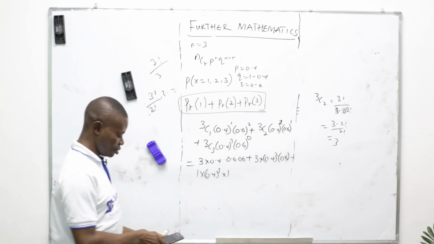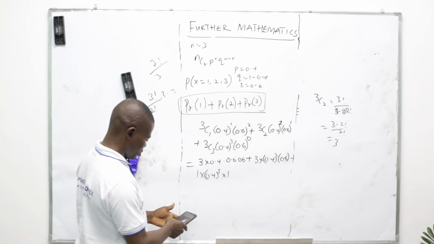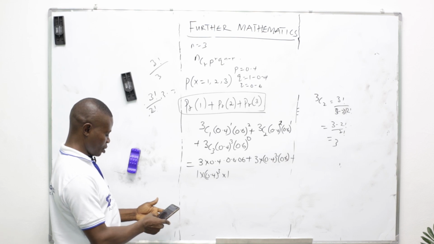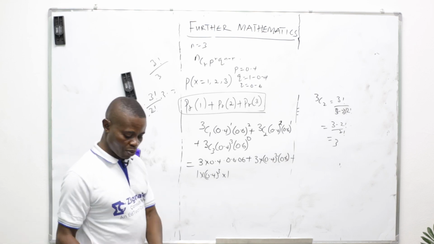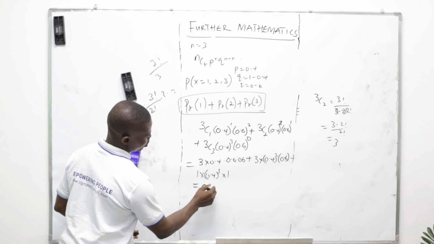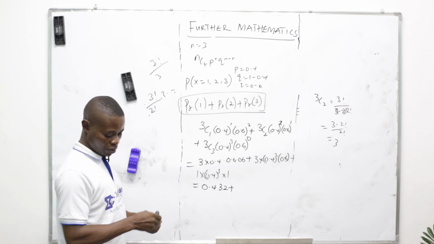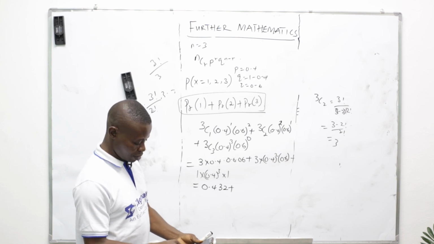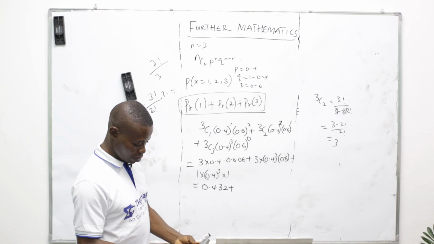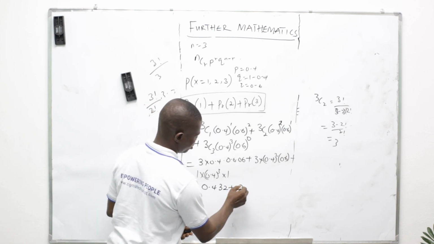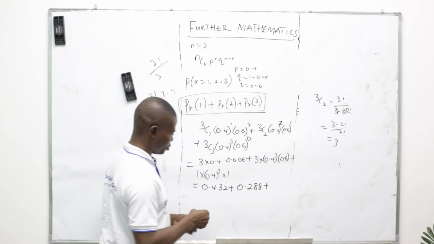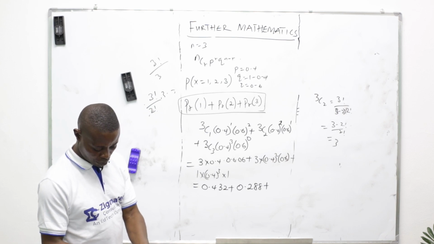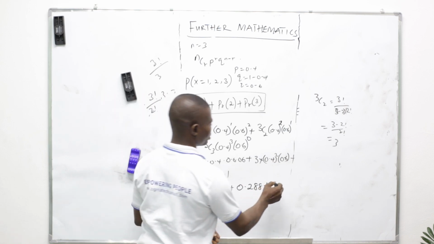Now let's gather the solution. Okay, multiplying this, that's 3 times 0.4 times 0.6 times 0.6 equals 0.432 plus 0.4 square times 3 times 0.6, 0.288 plus 0.4 times 0.4 times 0.4, 0.064.